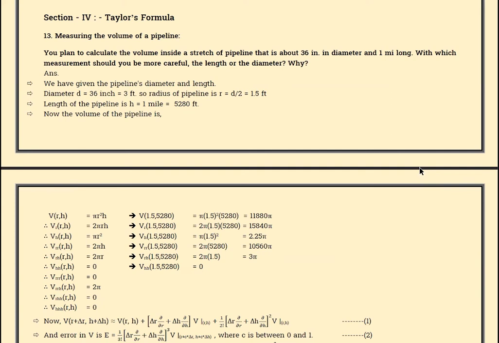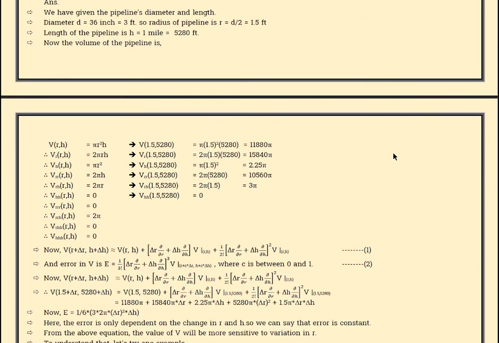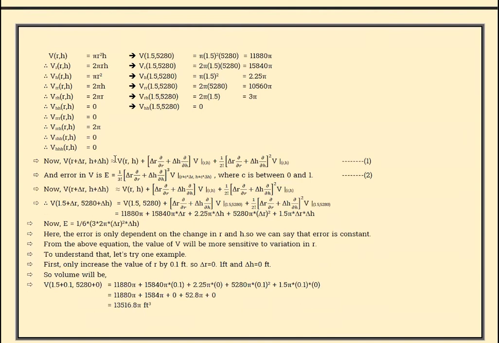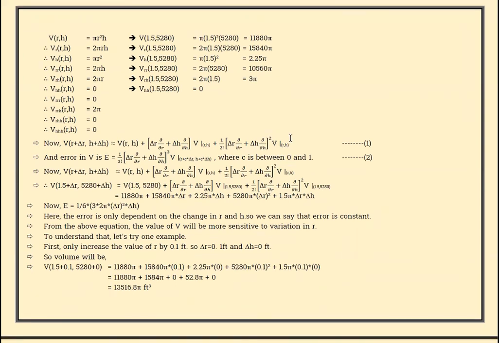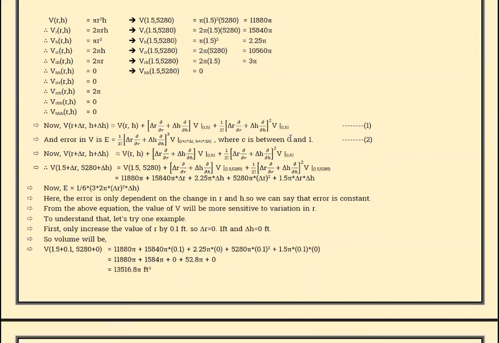To find that, first we list out the volume details and find the requirements for Taylor's theorem, and put everything in Taylor's theorem, such as V(R + ΔR, H + ΔH) is equal to V(R, H) plus the first partial derivative of V at (R, H), plus 1/2 factorial times the second partial derivative of V at (R, H), and the error term of V is equal to 1/3 factorial times the third partial derivative of V at the point (R + cΔR, H + cΔH), where c is between 0 and 1.